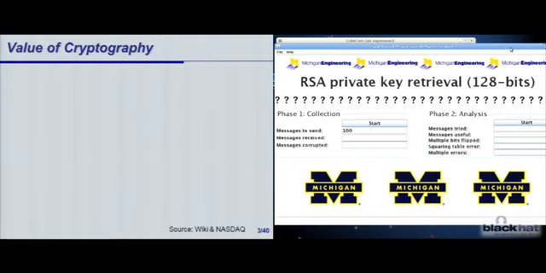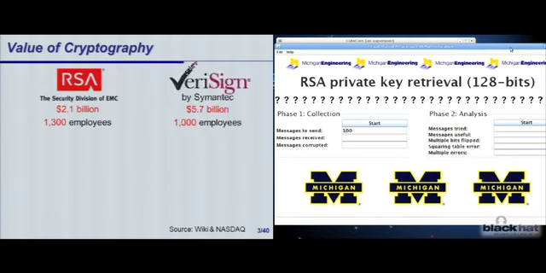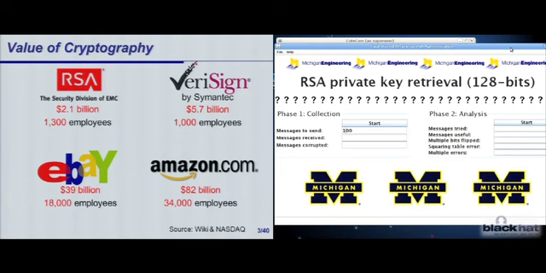There is a lot of money in cryptography, and you just need to go through the expo floor to realize all this. These are some data from a couple of years ago, things I could Google from the web, on the amount of money and employment related to making sure things are secure.